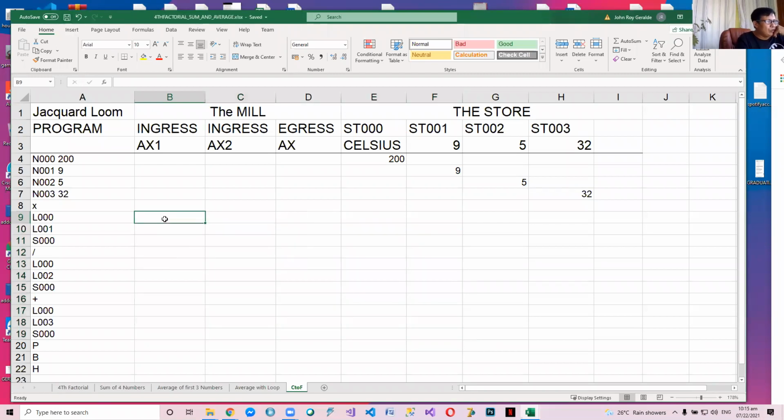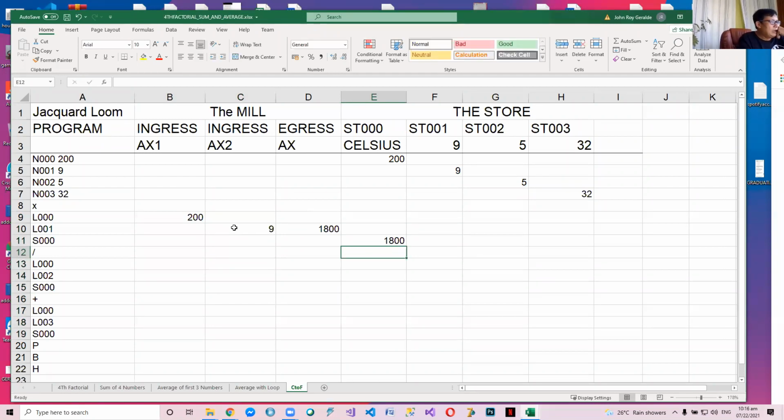So what we'll do is load the input value from 000, which is 200, and multiply it with 009, which is 9. So 200 times 9 becomes 1,800. Any questions? That's very clear, no? And then we store it to 000 here, so this becomes 1,800.